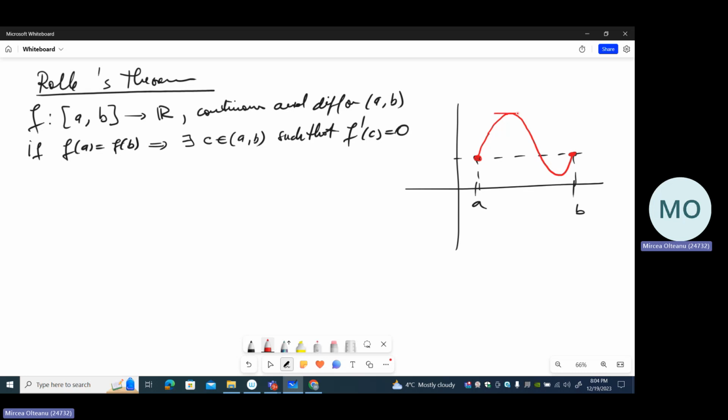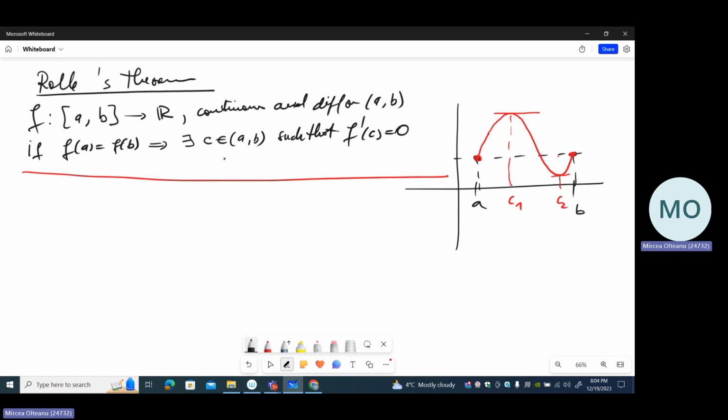So obviously these are the points where the derivative will be 0 because they are extrema, and according to Fermat's theorem, the derivative must be 0 here. So on this picture there are 2 points, C1 and C2, where the derivative of f must be 0. This is not the proof, but it's the intuition behind the proof.